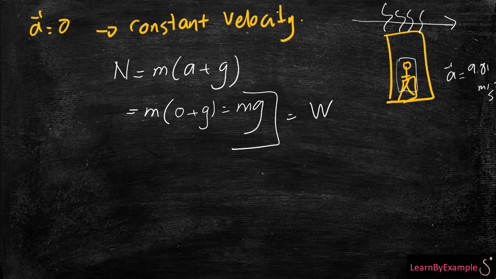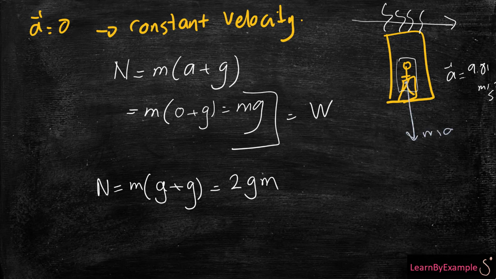And why does that happen? If I were to put this in an equation, you would have g plus g, so it would be 2g times m. This would be the normal force. And I have a force pulling me down, which is mg, my weight, and then there's another normal force which is higher than mg.